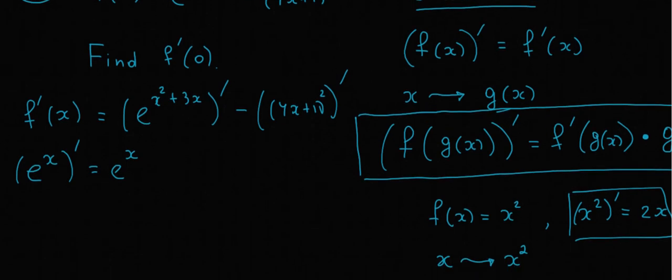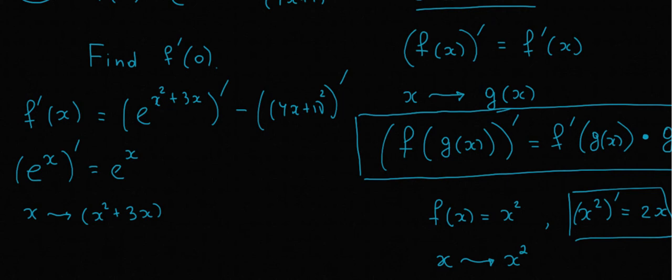So let's go ahead and make that substitution. I will be replacing x with x squared plus 3x in this formula right here, which says that the derivative of e to the power x equals itself, e to the power x.